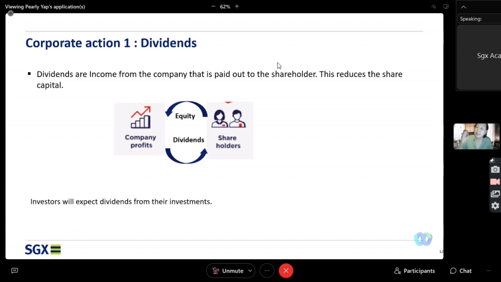So your dividend per share is the total dividends divided by the total number of shares in the company. Quite clear, right? I hope you all understand this. So investors expect dividends, and especially when the company is not requiring capital anymore to grow, they should pay out all the profits to the shareholder. That's what the shareholder deserves because they own the company.